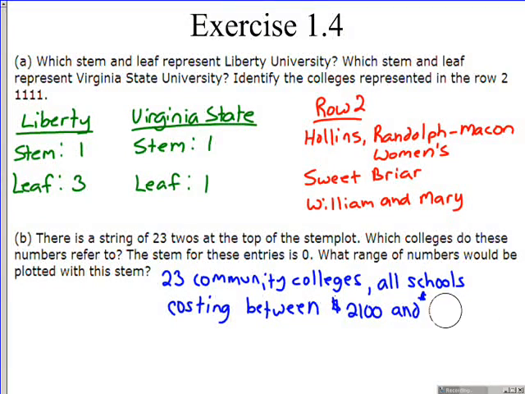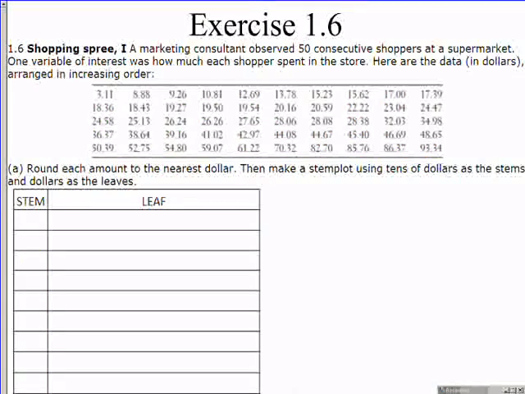This should be between 2,200 and 2,400. So our first stems would be all those costing 2,000 or 2,100. Next stem 2,200 or 2,300, which is the one that we are talking about here.